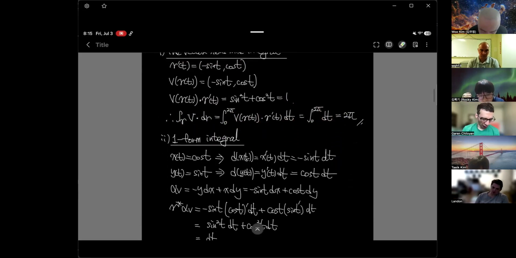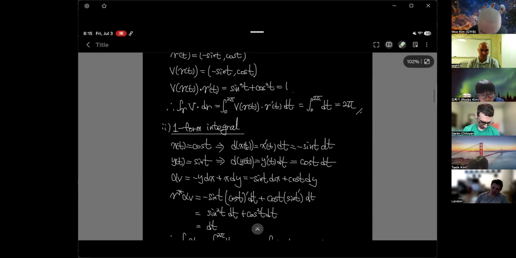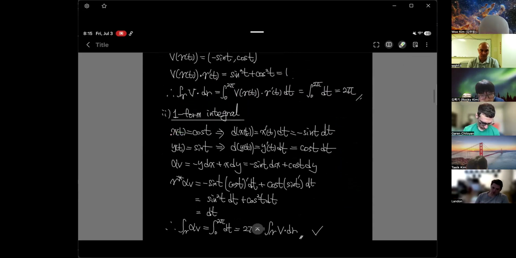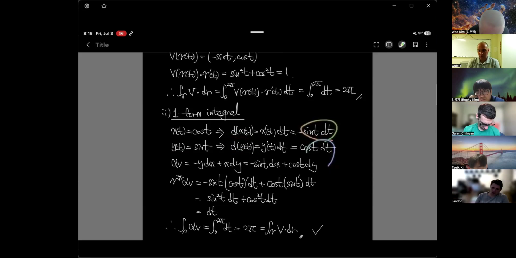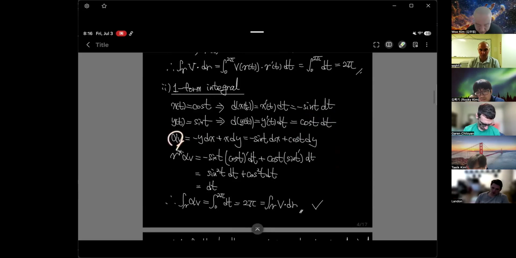What about using the one-form integral? As defined, x of t is cosine t and y of t is sine t. So we can get dx of t and dy of t as you see here. And the one-form alpha is minus y times dx plus x times dy, so you can just substitute.